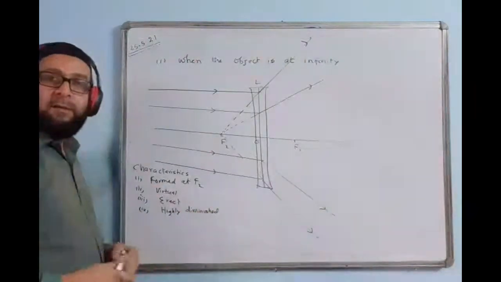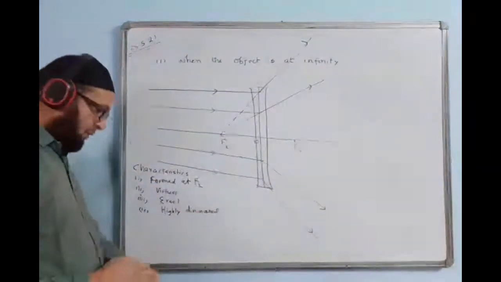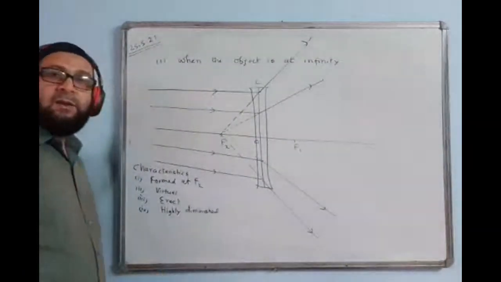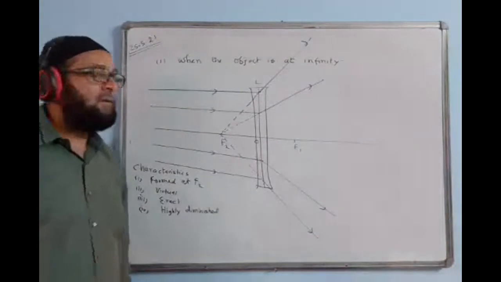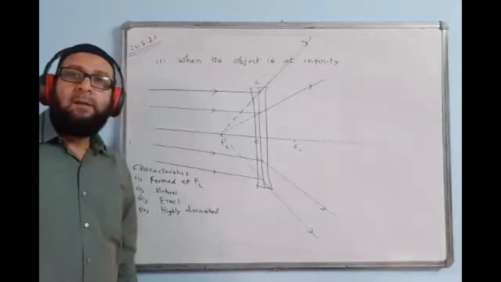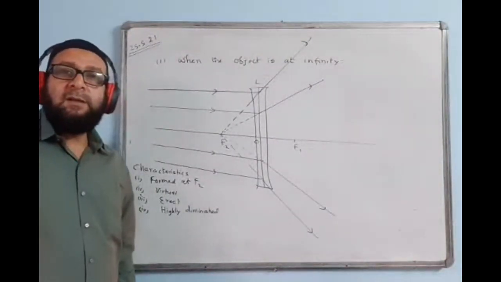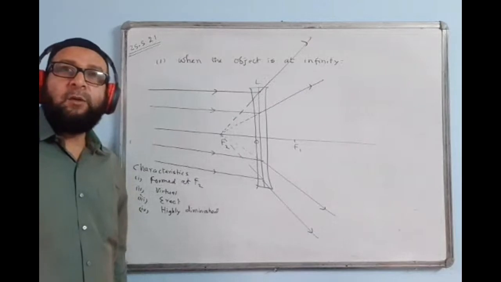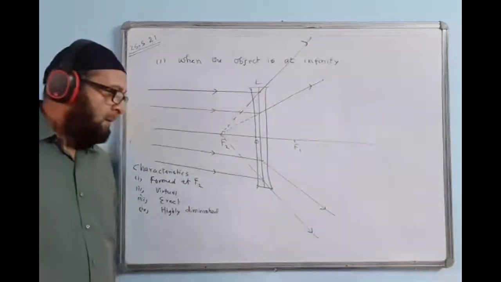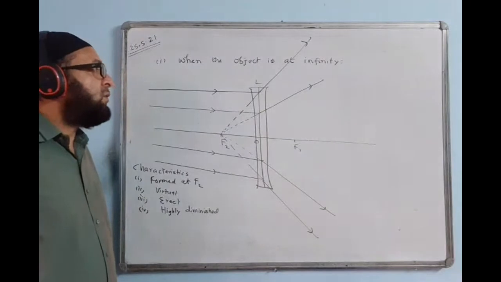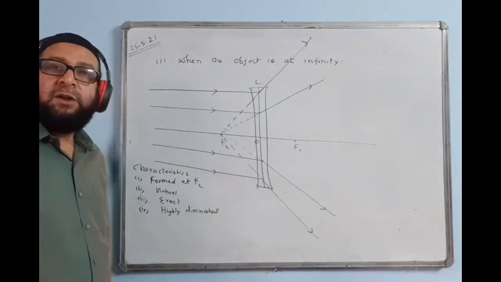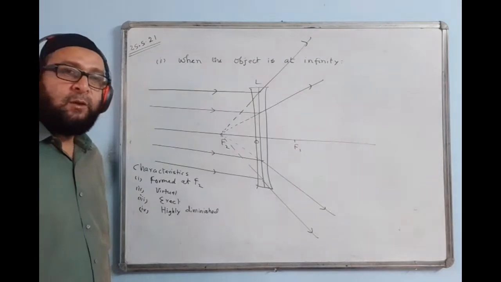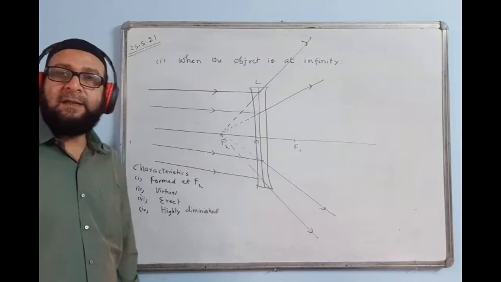And write this action of concave lens is used in the correction of myopia. Myopia, that is short-sightedness.